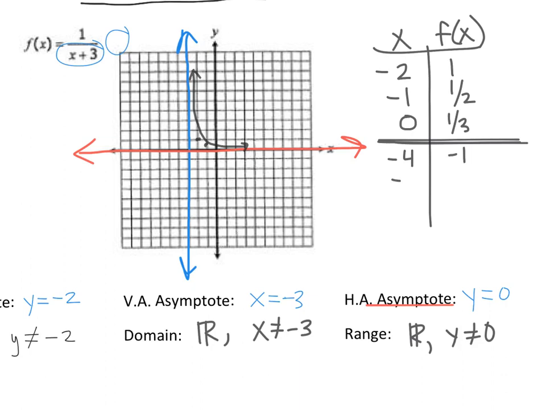I could plug in -5, so I'll get -1/2. And I could plug in -6, and I'll get -1/3. So -4 is -1, -5 is -1/2. So like this. So these branches should be congruent.